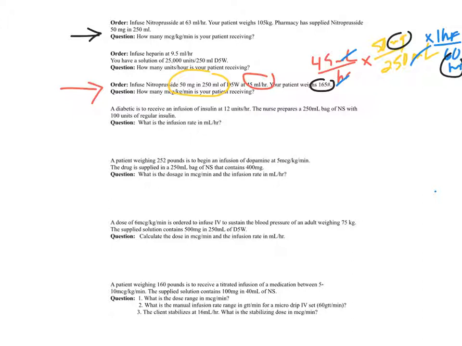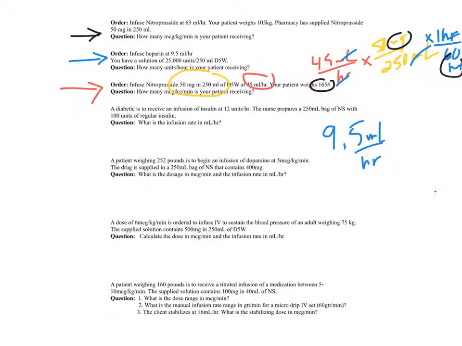Looks like same thing on the second one. So number 2, you could do the same thing. This one's going to be much shorter. Because it doesn't have any micrograms, you're not looking at it per kilogram. You have 9.5 milliliters per hour, and you want to know what that is in units per hour.